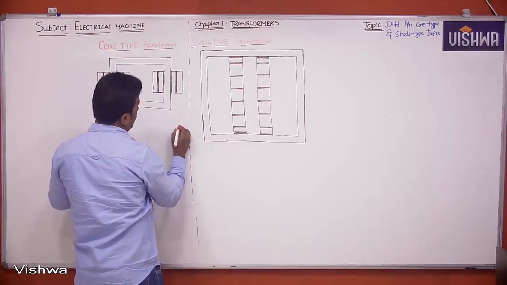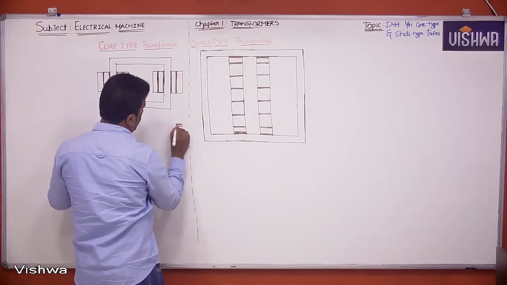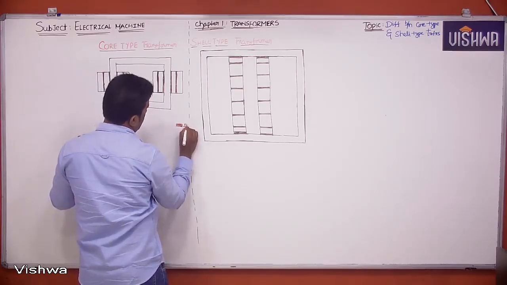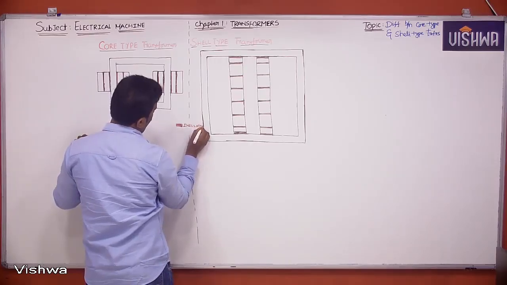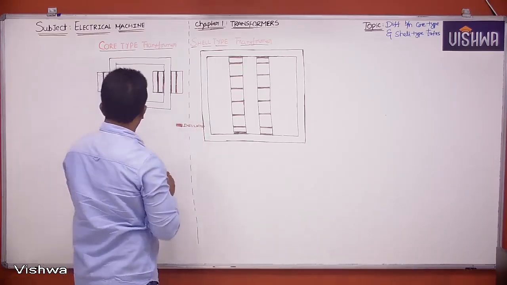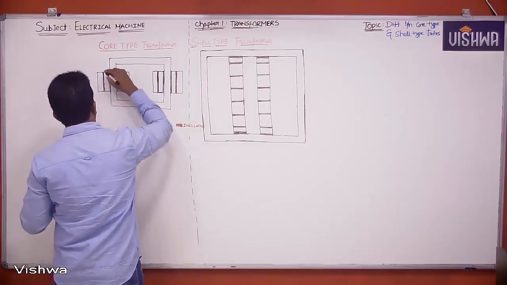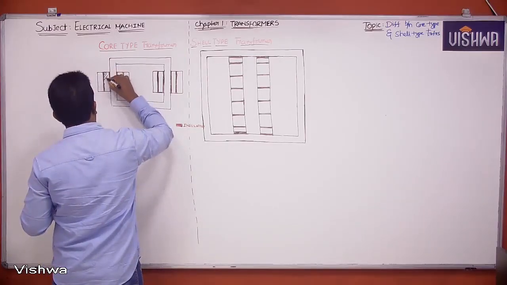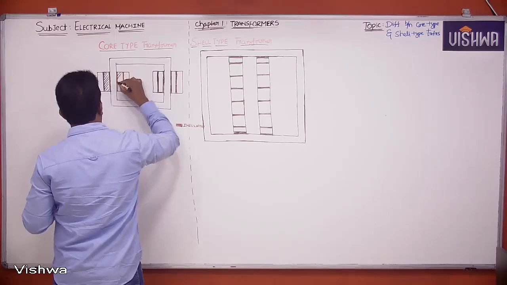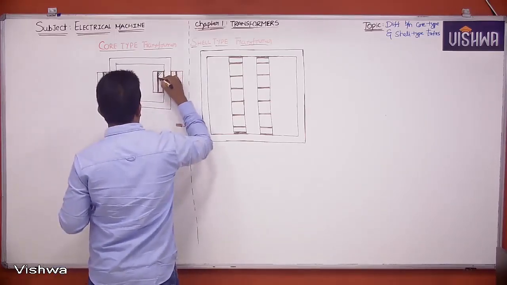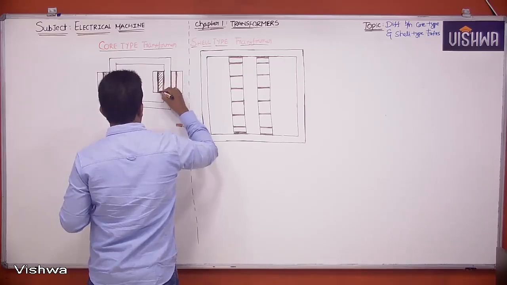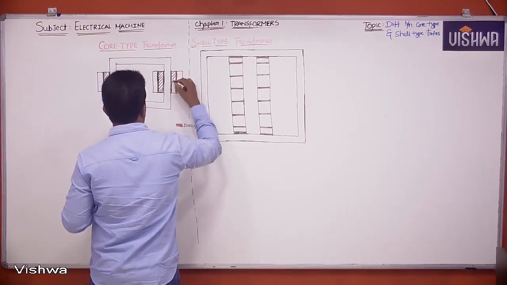And this black color, let me show for low voltage winding.